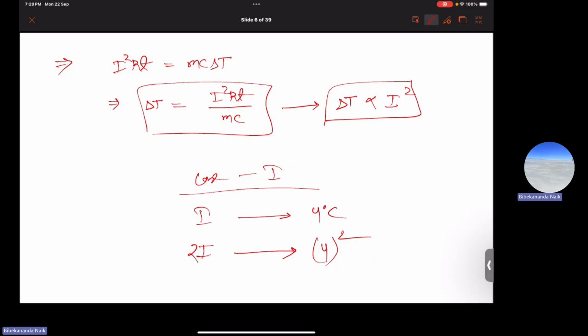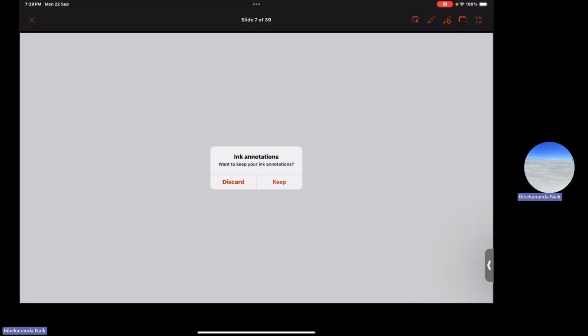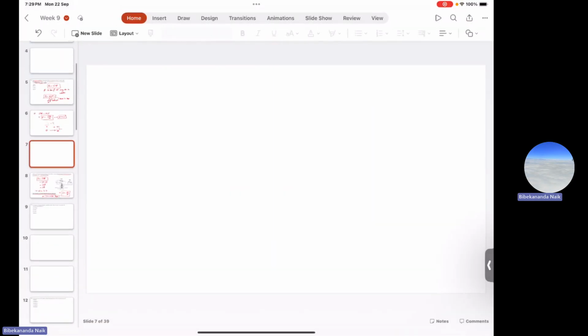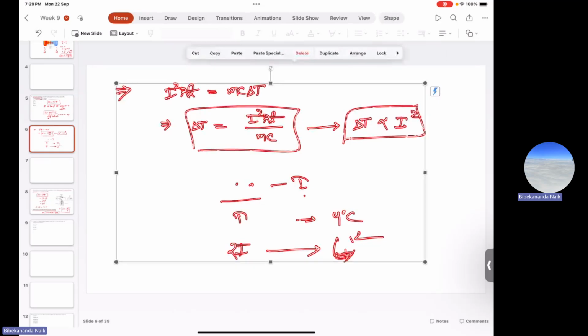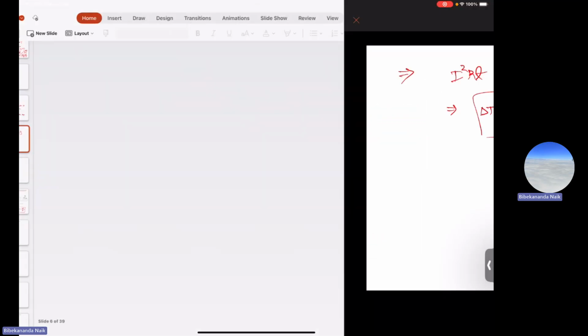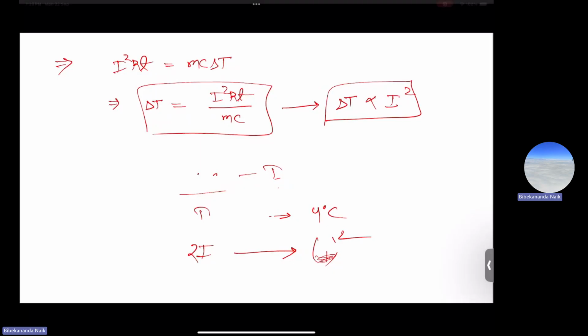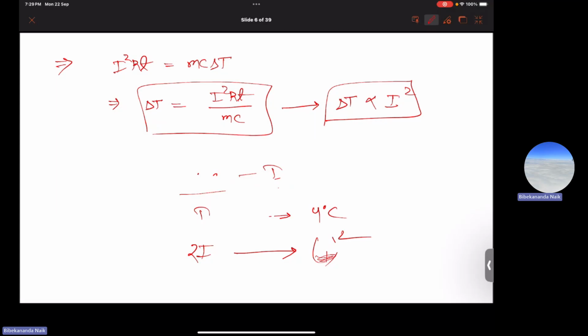so when I current passes, there is a 4 degrees Celsius rise in temperature.